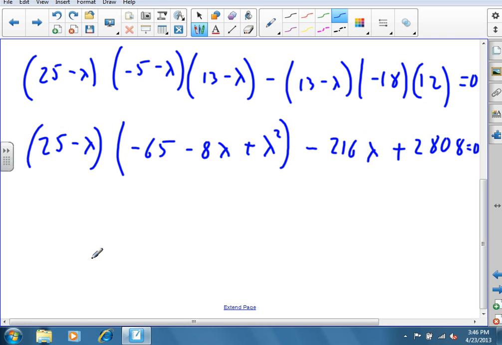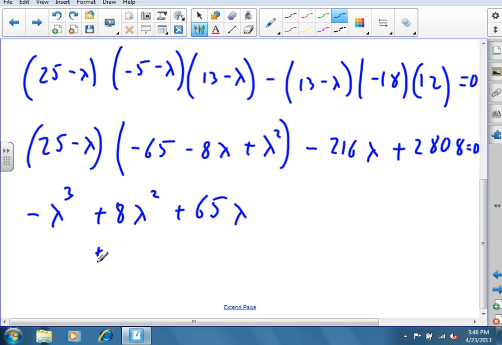Isn't that marvelous? I've got minus lambda squared plus lambda cubed, minus lambda cubed plus 8 lambda squared plus 65 lambda.